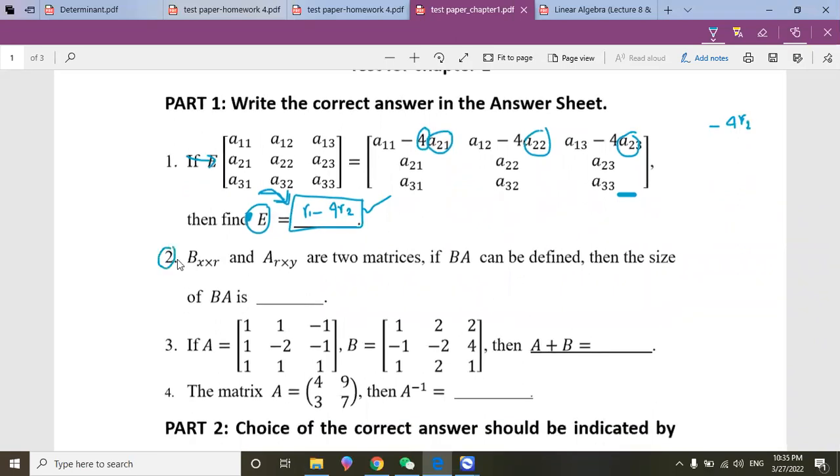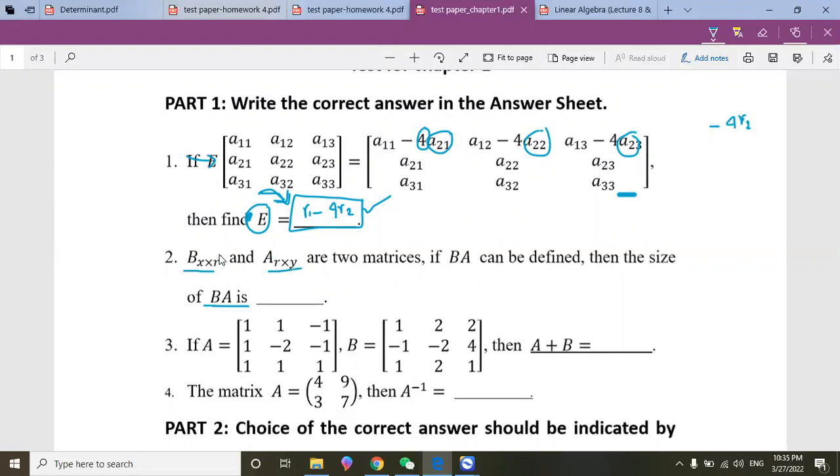Number 2, we have B, a matrix of x by r, and A, a matrix of r by y. So there are two matrices. If B multiplied by A can be defined, then what is the size of BA? So the theory is we have two matrices here, right?